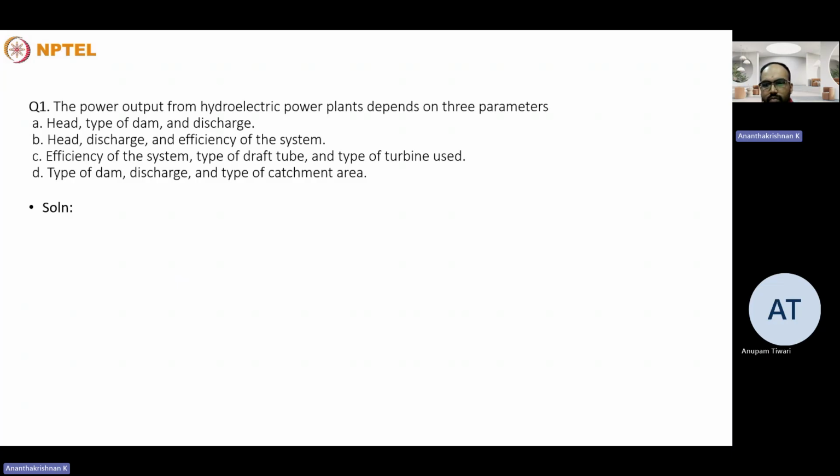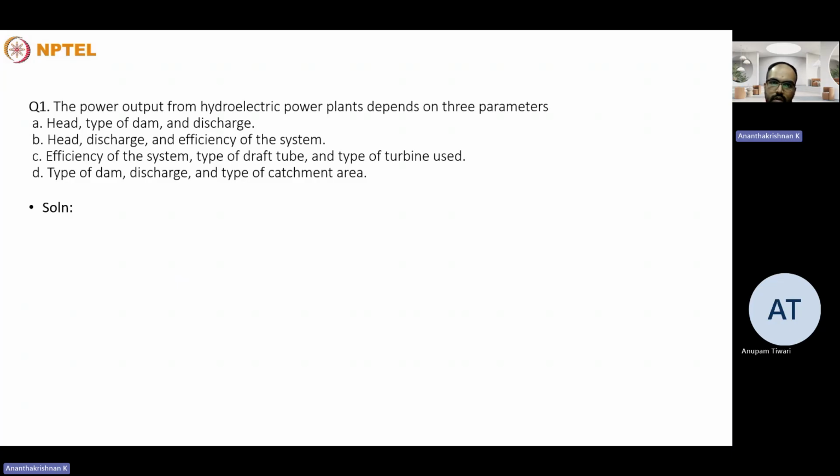That will take into consideration the height of the dam, and whether it's an arch type dam or a vertical flat type dam doesn't have any kind of effect on the power produced from the hydroelectric power plants. The type of draft tube, not that much in terms of the power output, because the draft tube type can only change the velocity at the outlet.